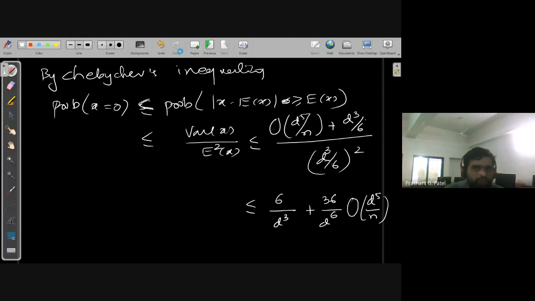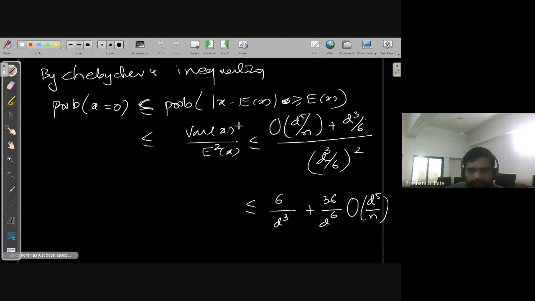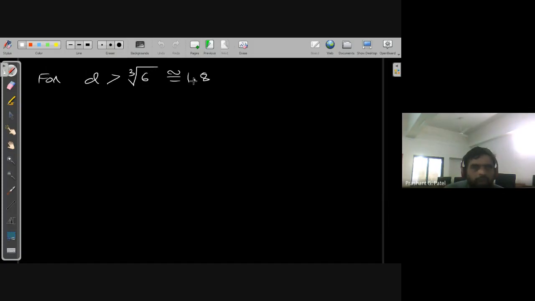The cube root of 6 is approximately 1.8. So if I choose d bigger than 1.8, then the probability of x equal to 0, that means the number of triangles is 0, is less than 1.